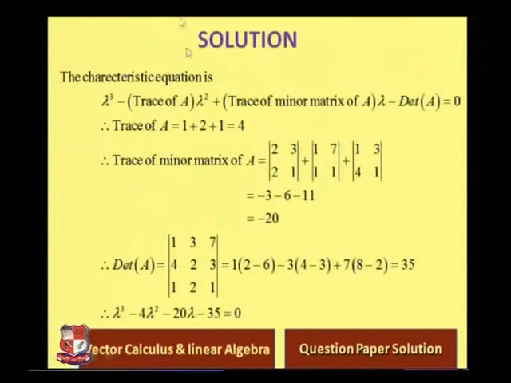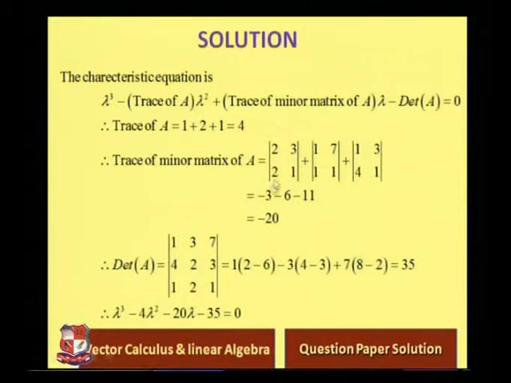Now one by one, first the trace of A. The trace of matrix A is 1 plus 2 plus 1, which means the total is 4. Now the trace of the minor matrix of A, which means all the element minors. The first element's minor is this matrix determinant, plus the second element's minor, 1 7 1 1, plus the third one similarly.